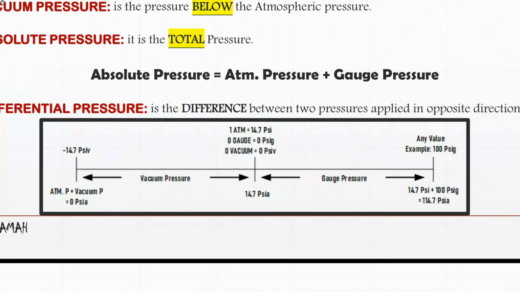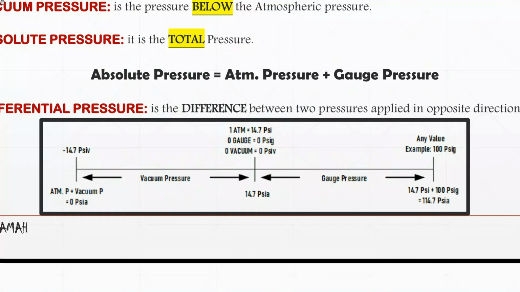As the formula says, absolute pressure is equal to atmospheric pressure plus gauge pressure. So in the atmospheric pressure we have 14.7 psi, and here we have an increment of 100 psi gauge, okay, so the total pressure is 14.7 plus 100, which is 114.7 psi absolute.